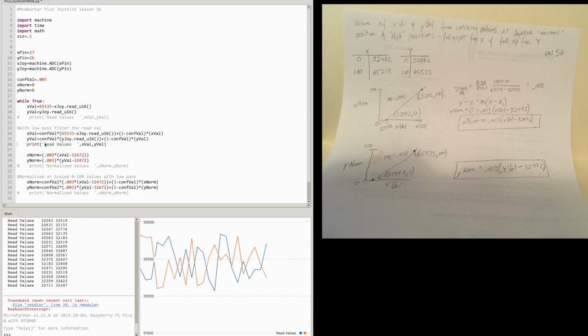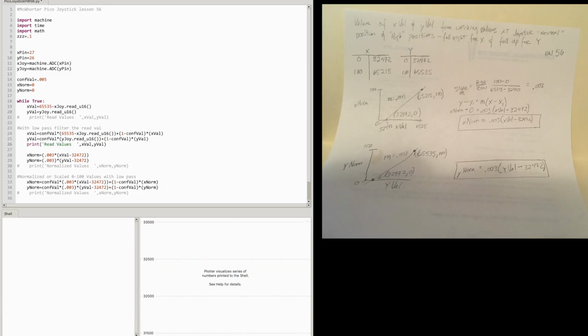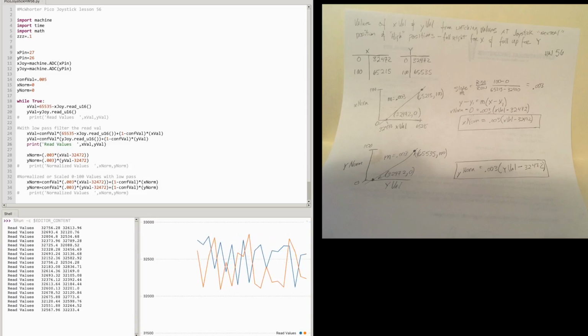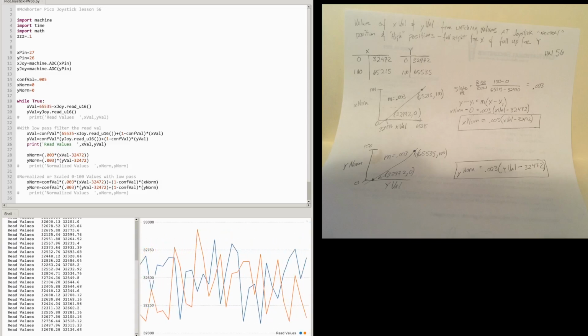So I added a low pass filter to that with a confidence of 0.005, high confidence, and here you have the 1 minus confidence val times X val. So this is with the low pass filter in there, and let me hit go. And you can still see that it's bouncing around like a banshee.